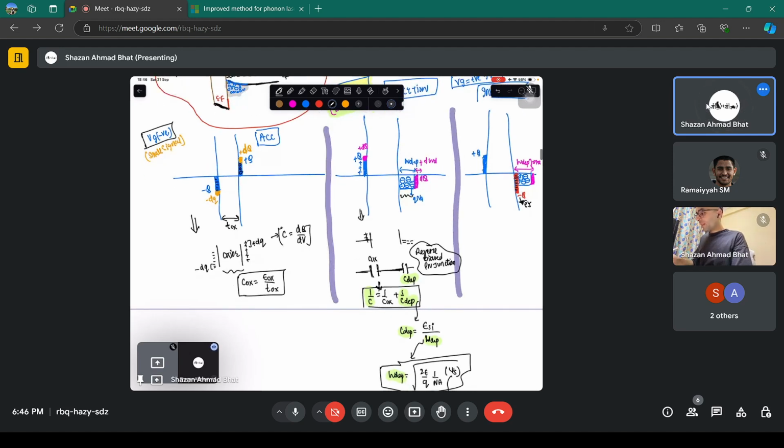Let us say you have two scenarios. First is small signal, high frequency. Another is small signal, low frequency. How low and how high? Let's say high is of the order of megahertz and low is of the order of a few hertz.